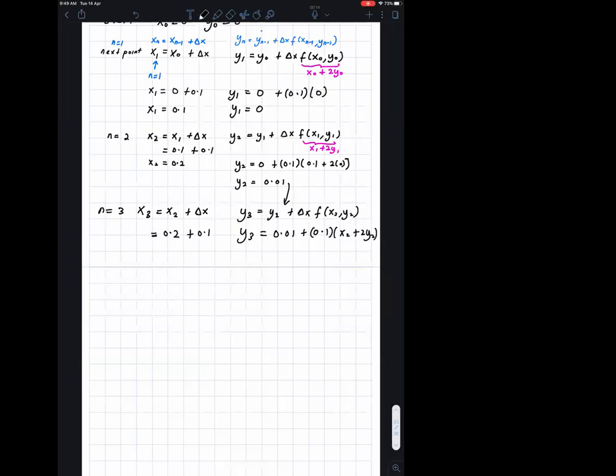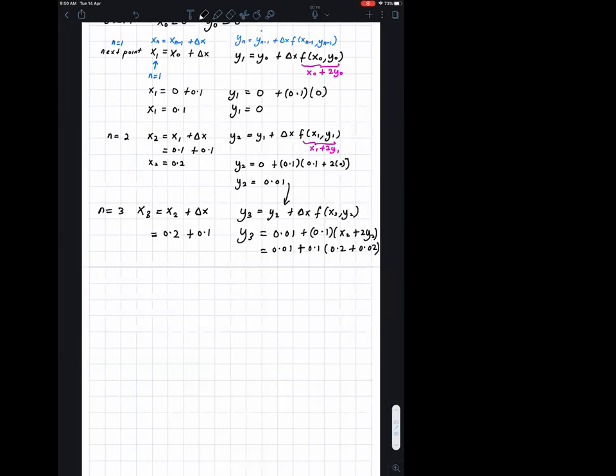What was X2? 0.2, sir. Y2 is 0.01, so times 2 becomes 0.02.